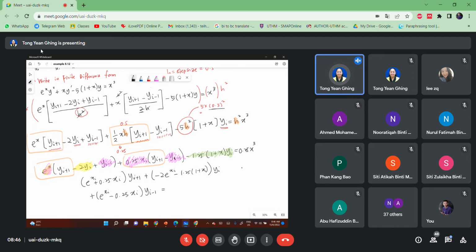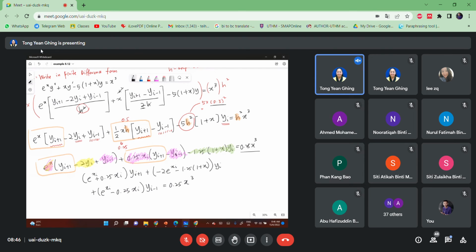So equal to here 0.25 x power of 3. Boleh? So sekarang I separate for xi plus 1. Sorry, xi pula. Yi plus 1, yi and yi minus 1.